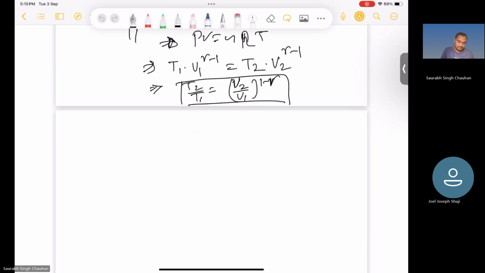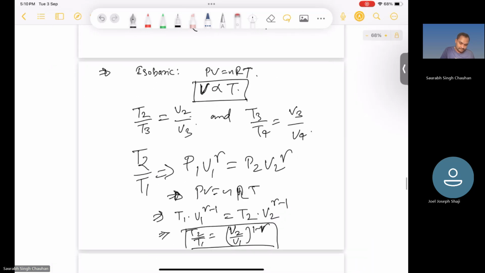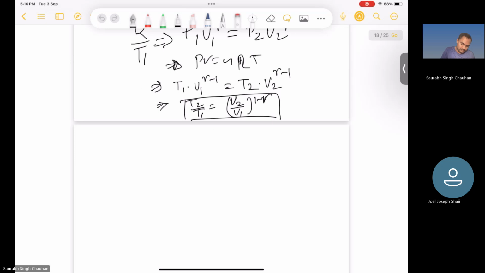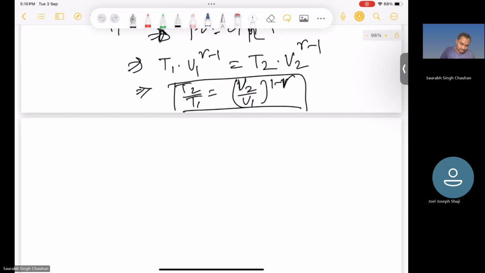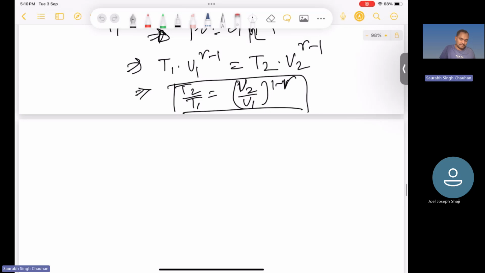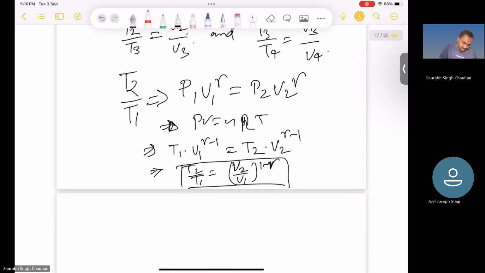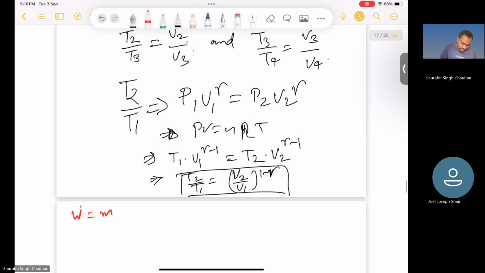That is not working. Okay, we'll write it again. Instead of m Cp, let us write K. So K is basically m Cp.